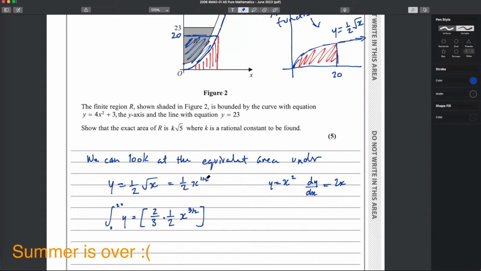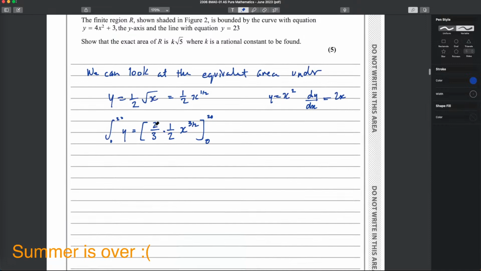And because this is a definite integral, we don't have to worry about the plus constant. Remember, when you're doing that integration, if it's an indefinite integral, you have to add the c on the end. But we're not worrying about that. Okay, so this is from 0 to 20, and this 2 on 3 multiplied by half simplifies to a third.